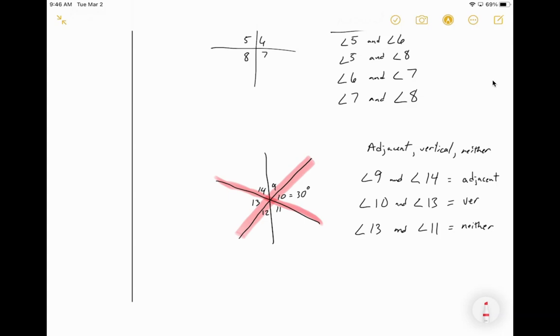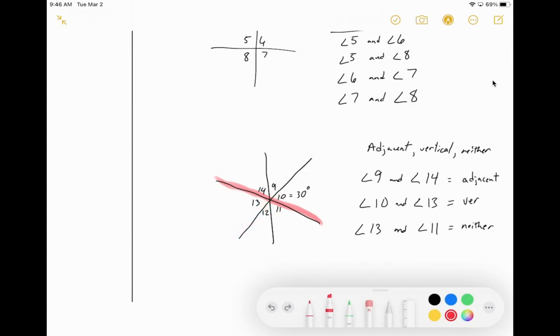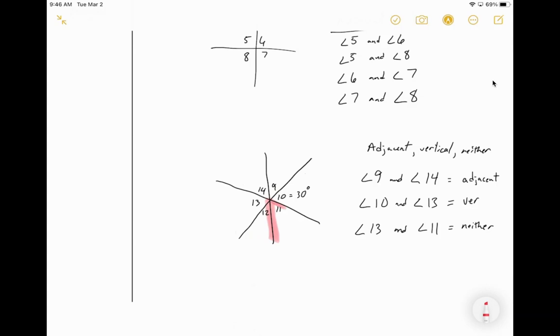Angle 13 and angle 11, they do not. Let me show you that real quick here. So here's angle 11, and here's angle 13. That is not an X, is it? Right? So those are neither.